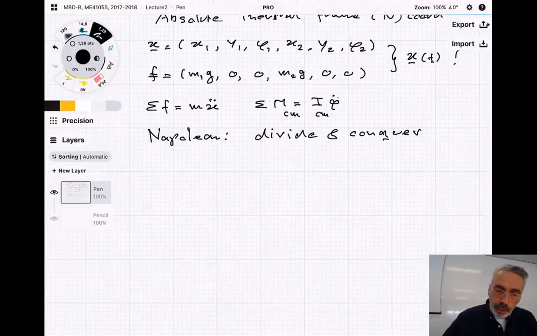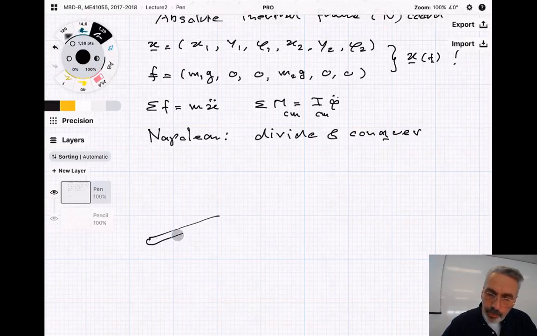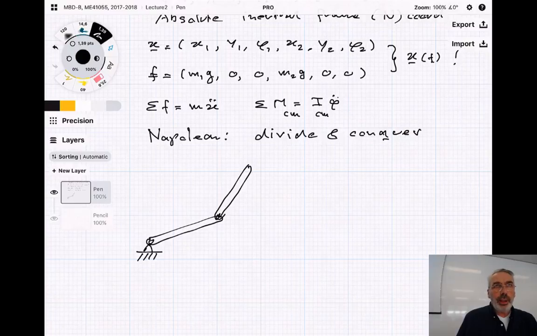Well, let's draw the original system again, without all the nice coordinates and so on, just the geometry. So this is the original system. And then how are we going to say by divide and conquer? Now, you can divide it in a lot of ways. By the way, this divide we always do.